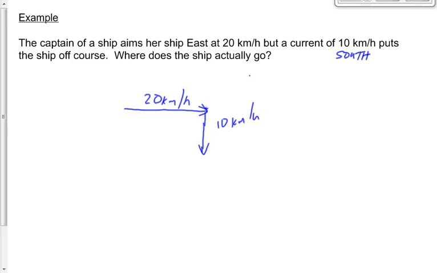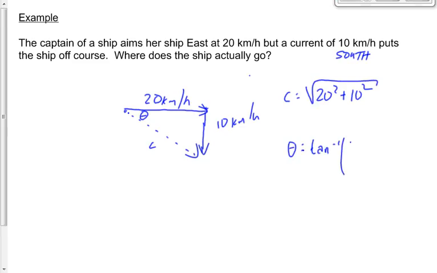My dotted line vector, that's where I actually go, or where she goes. We're going to draw that as a dotted line there from start to finish. Label theta, label C. We're going to say C is the square root of 20 squared plus 10 squared. And theta is the inverse tan function of 10 over 20.